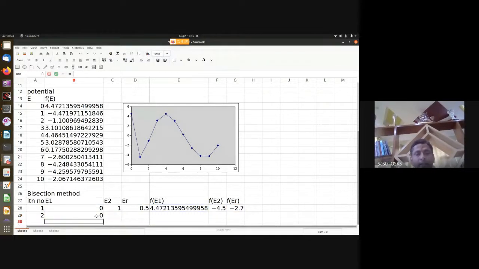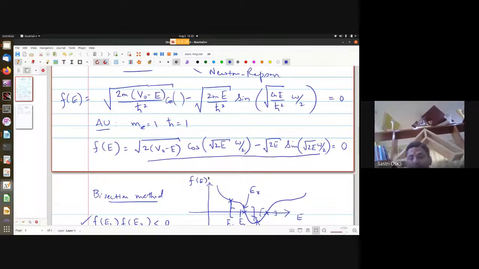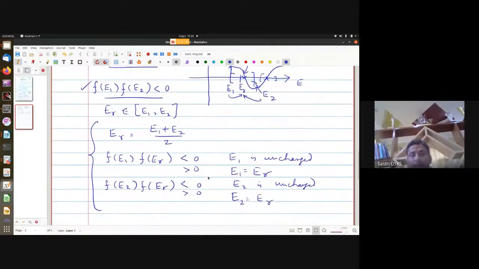Okay. And similarly here we will give a if condition. If f of E2 star f of ER is less than 0, then E2 won't change. So it will be taking the same value. Else, if the condition fails, it becomes ER. So that's what we wrote here in the bisection method. If this is less than 0, E1 is unchanged.